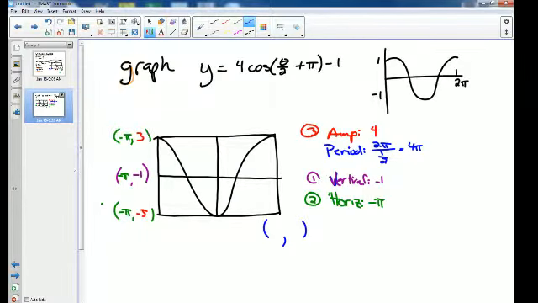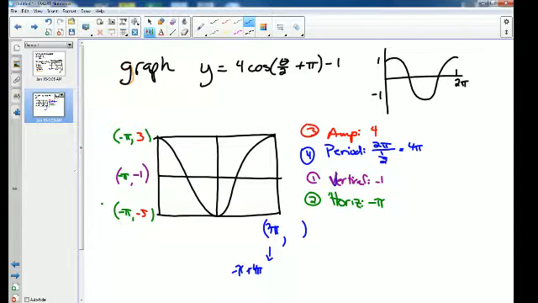What's this point going to be? Not pi. 4 pi plus, so it's 3 pi's. That is -pi plus horizontal plus period.